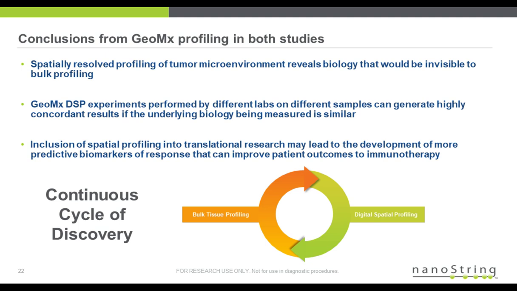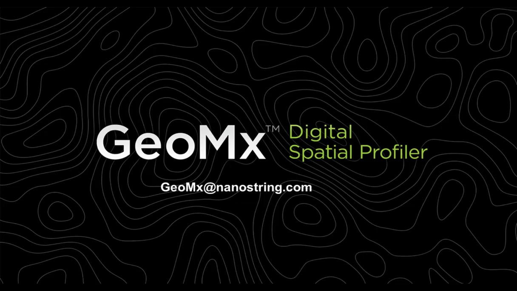And our hope is that the GeoMx platform, and in combination with profiling on other platforms, such as our nCounter for bulk tissue profiling, leads to a cycle of continuous discovery that is going to accelerate the pace at which we are able to learn about the underlying biology of tumor-immune interactions, identify new drug candidates, develop and test those drug candidates very quickly, and then develop the biomarkers associated with them that will allow us to give those therapies to the appropriate patient populations.